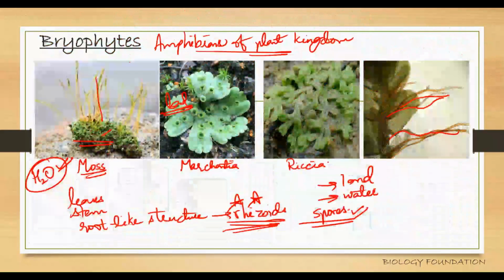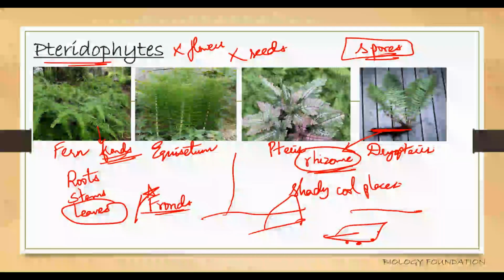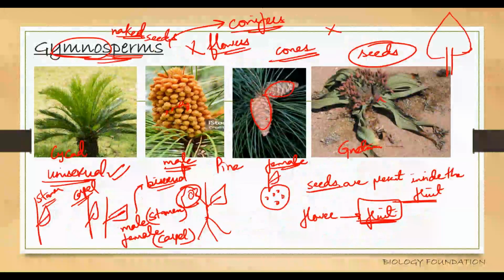And that's Thallophyta. And we talked about bryophytes, which are amphibians of plant kingdom, and pteridophytes, which do not produce any flowers or seeds, but they reproduce by spores. The leaves are called fronds in pteridophytes, and they have specialized underground stem known as rhizome. And phanerogams or flowering plants can be classified into gymnosperms and angiosperms based on whether they produce naked seeds or whether the seeds are covered or enclosed within a fruit.